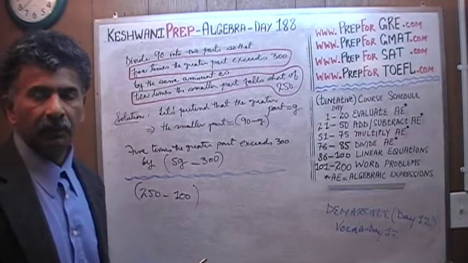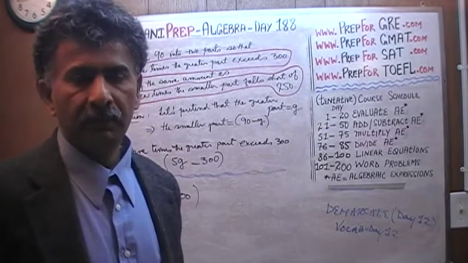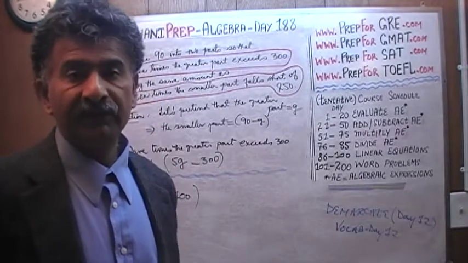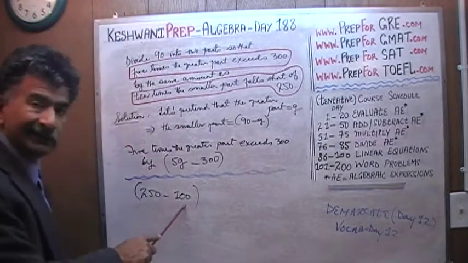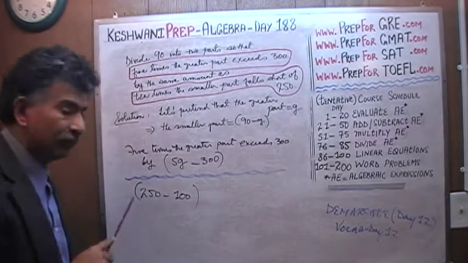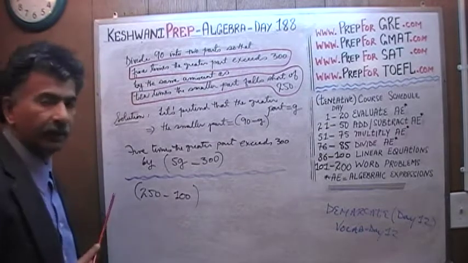In other words, the question was, 100 is how much less than 250? 100 is 150 less than 250. How do we find it? By taking 250 and subtracting from it 100.